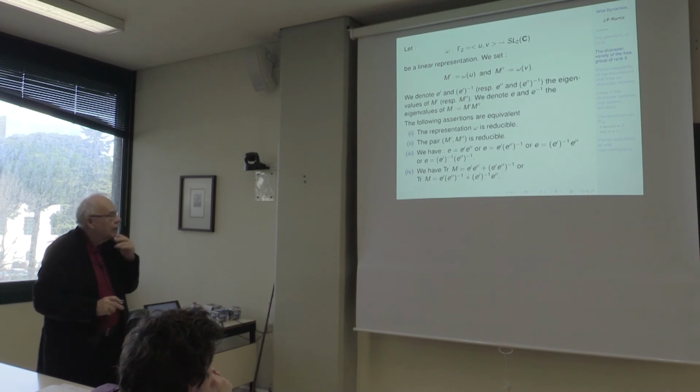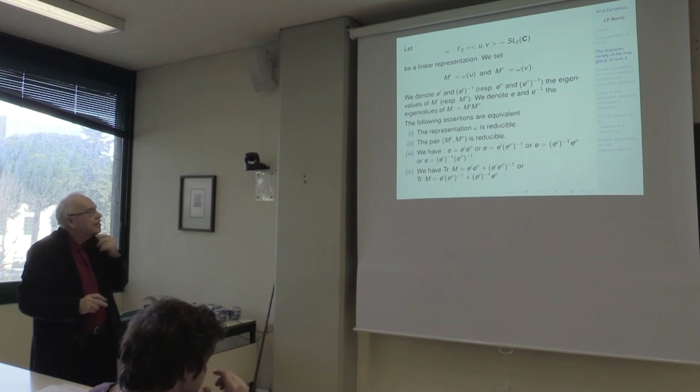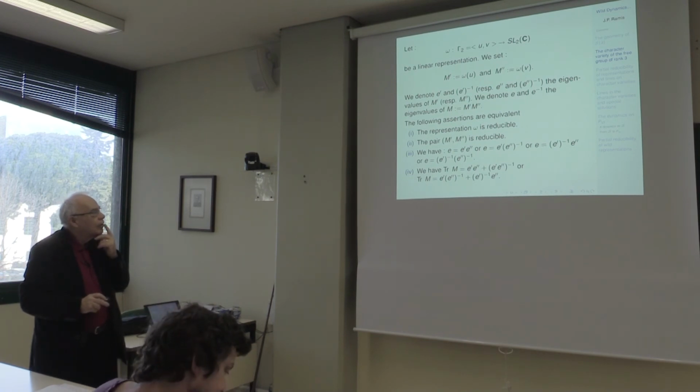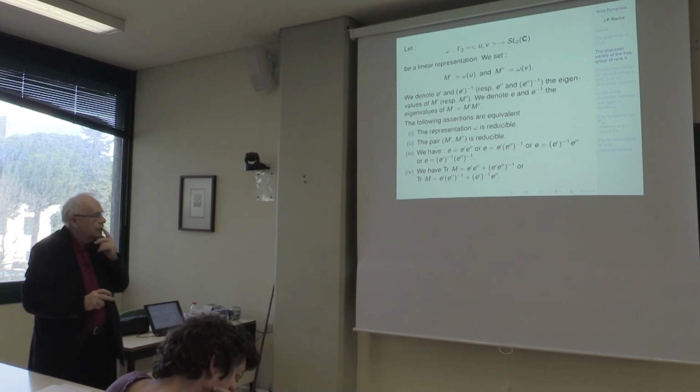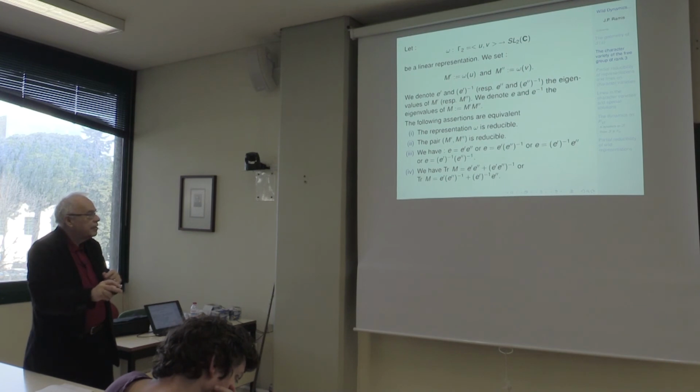Okay, so I recall very briefly what is happening for representations of a free group of rank 2. And the important point is the well-known description of the case of reducibility. Reducibility corresponds to this formula.